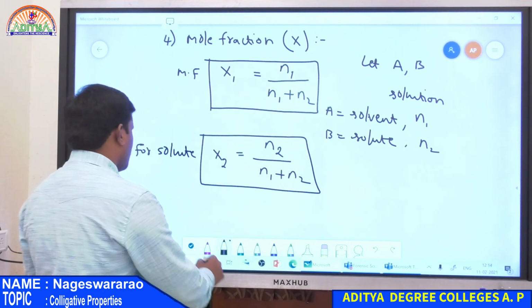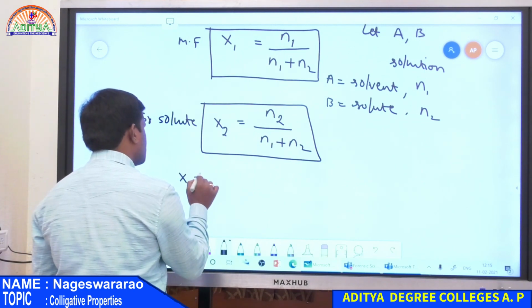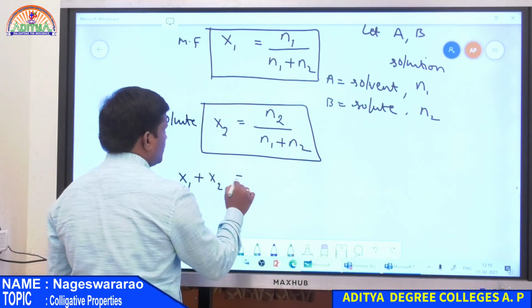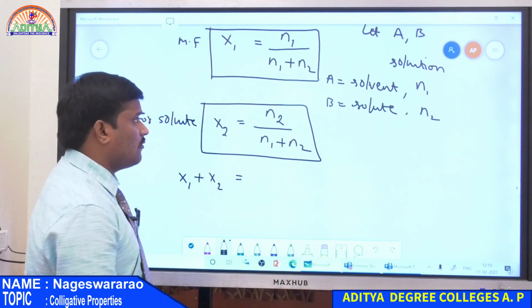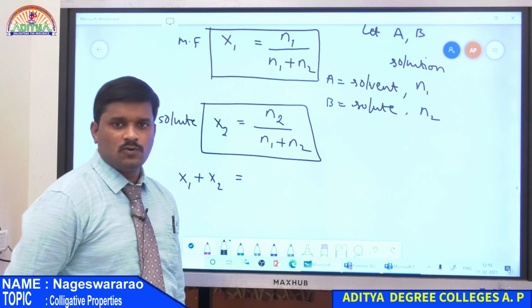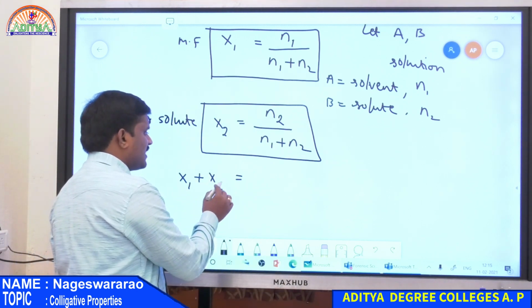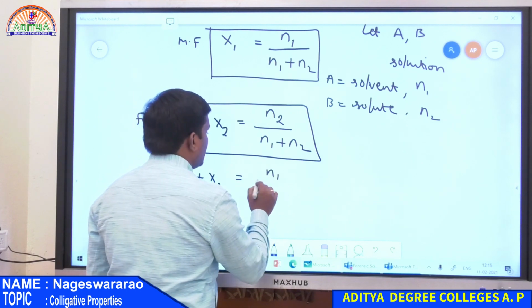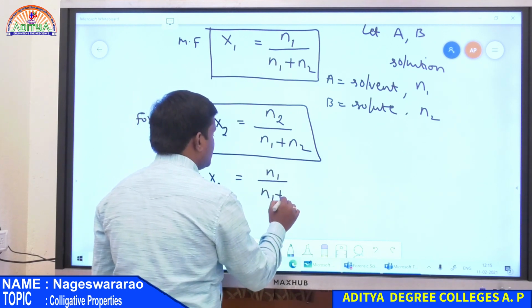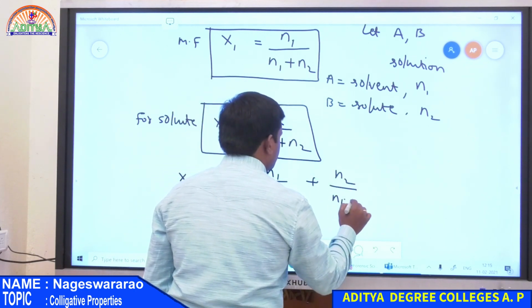And also, what is the X1 plus X2 value? That is the total mole fraction of components. Here there are two components, one having X1 mole fraction and the second having X2 mole fraction. Therefore, X1 plus X2 is given by N1 by N1 plus N2 plus N2 by N1 plus N2.